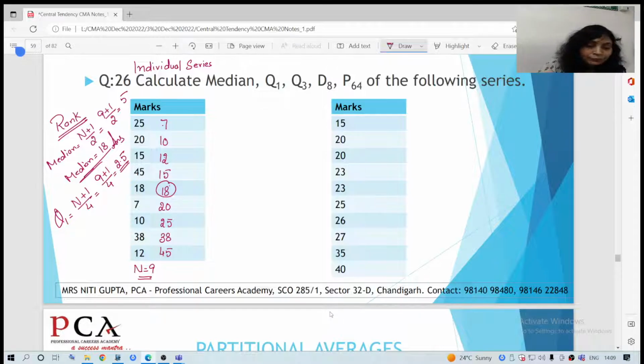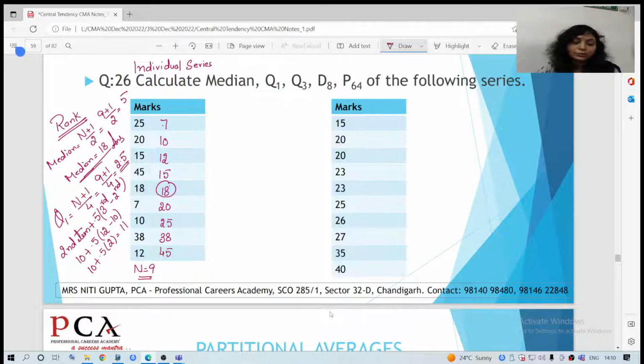So how can we find it? Second item plus 0.5 of third minus second. The second item is 10 plus 0.5 of the third item, 12, minus 10. So 10 plus 0.5 of 2, that is equal to 11.